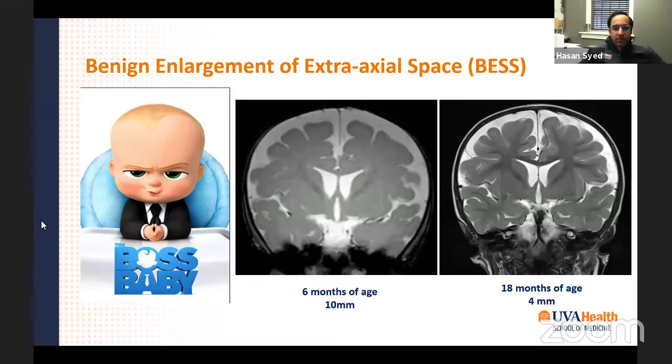It typically will resolve by 18 to 24 months of age. It is diagnosed by enlarged extra-axial spaces, usually abnormal if it exceeds about 8 millimeters in the first year of life. This is another scan done at 18 months of age, just showing how those spaces have decreased in size. And so this obviously does not require any surgical intervention.